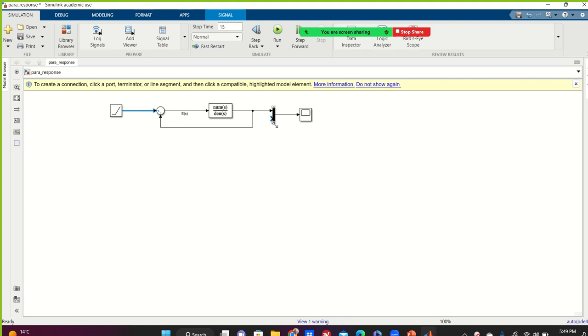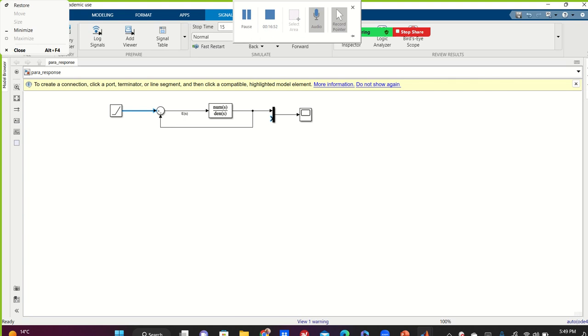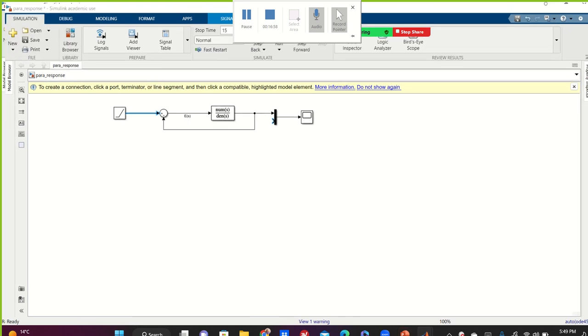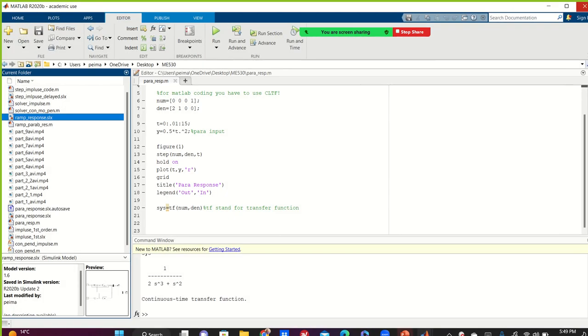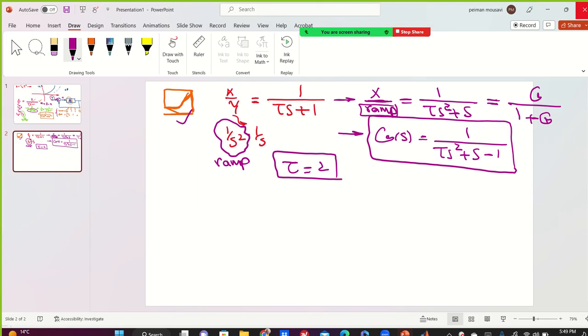Exactly. Good job. See guys, in high school, the integration of t dt is t squared over 2.